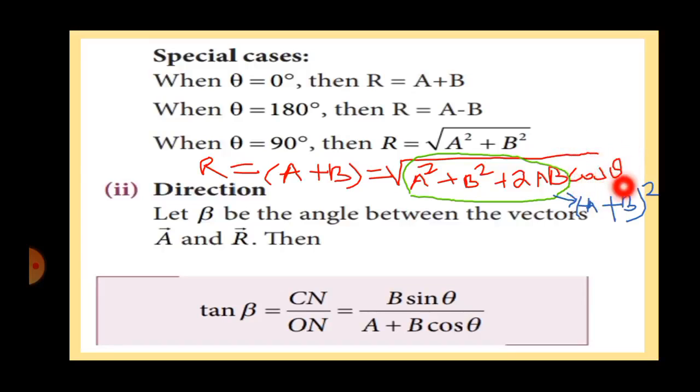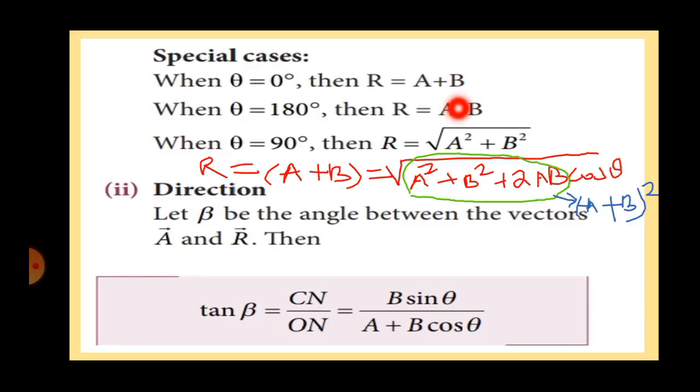What is the value of cos 0? That is equal to 1. So we get square root of A square plus B square plus 2AB. What is the trigonometry relation for A square plus B square plus 2AB? That is A plus B whole square. Now the square root term cancels, and we get the answer: R is equal to A plus B.